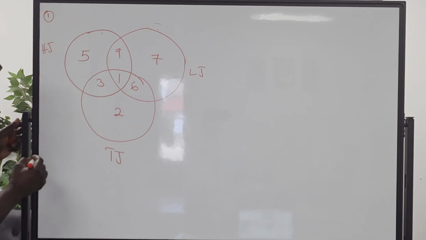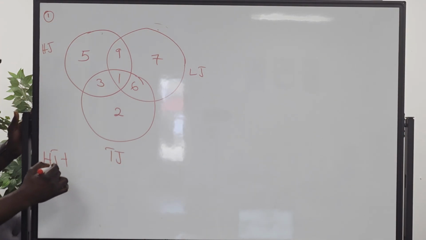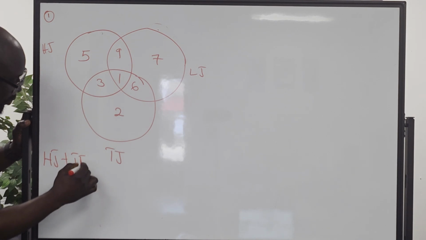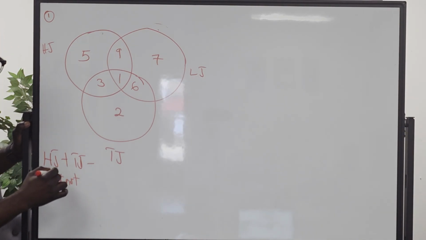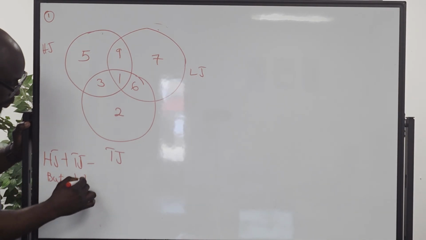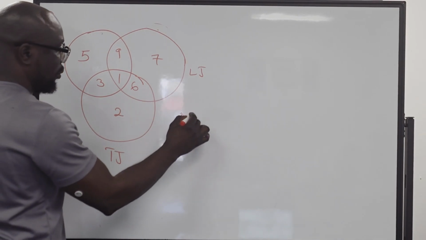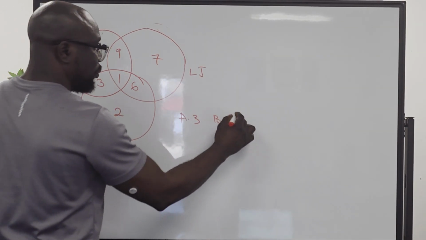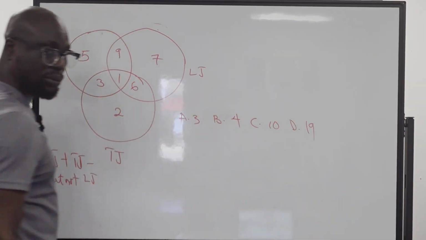So they're asking for high jump plus triple jump, but not long jump. So they give us option A is 3, option B is 4, option C is 10, and option D is 19.